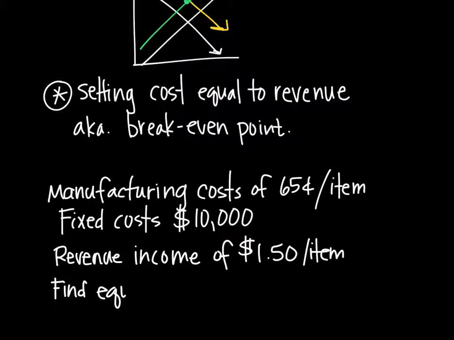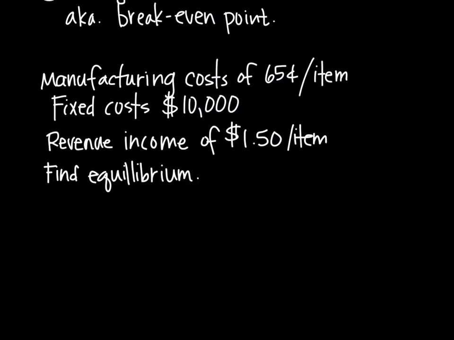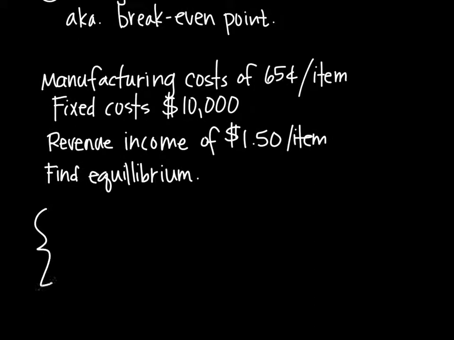To find the equilibrium, we can get into profit later, but let's just start with finding the equilibrium. So you need to set up a system. And your system is going to be a cost and a revenue system.